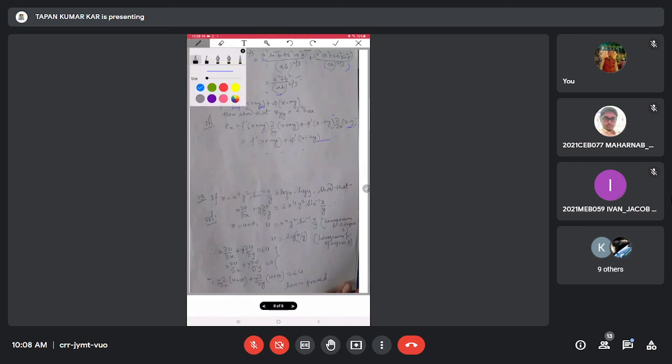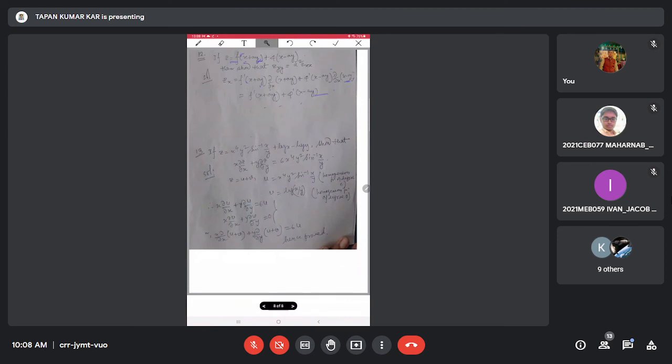Okay, next example is, if z equal to x to the power 4 y square sin inverse x by y plus log x minus log y, so that is equal to this.